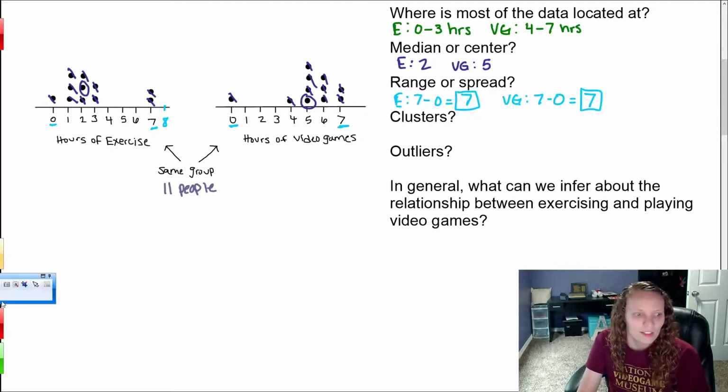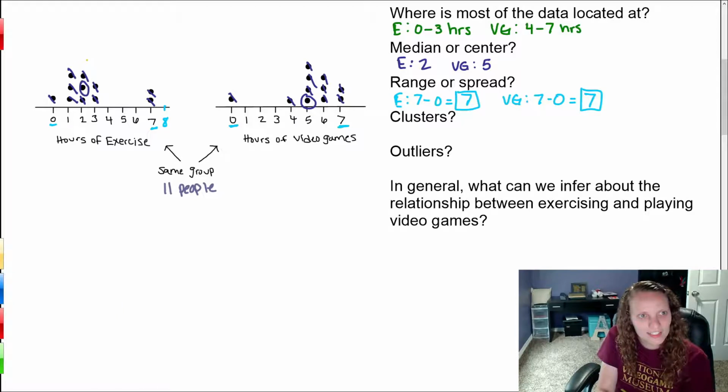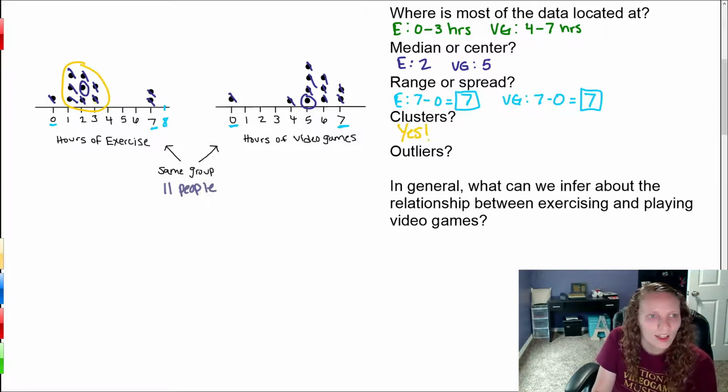Clusters. Remember, a cluster is a group of points. And so at exercise, there is a group of points where most of the data is located at 1 to 3 hours.